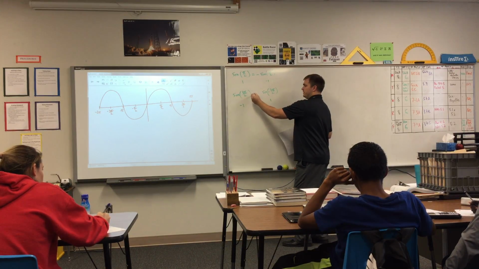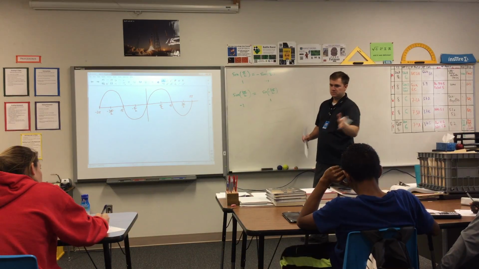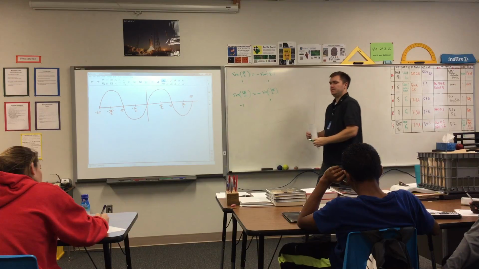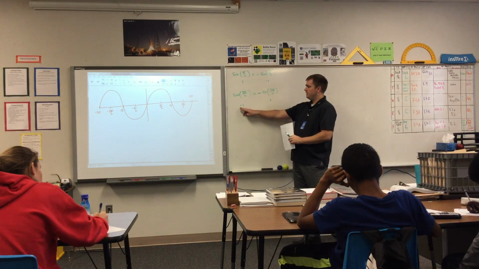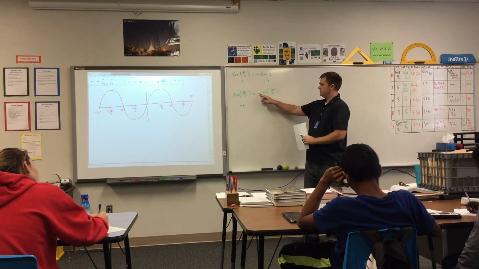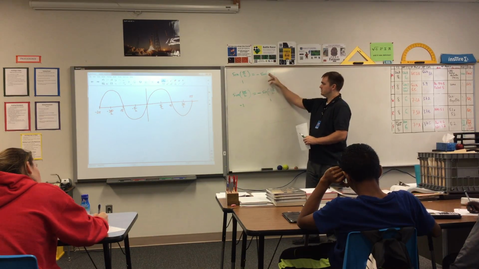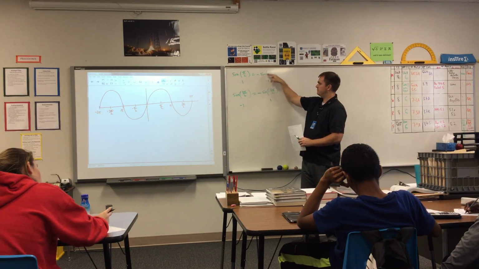So would you agree with this statement if I say they are exactly equal? No. But what if I put a negative right there? Is negative 1 equal to negative 1? Yeah.